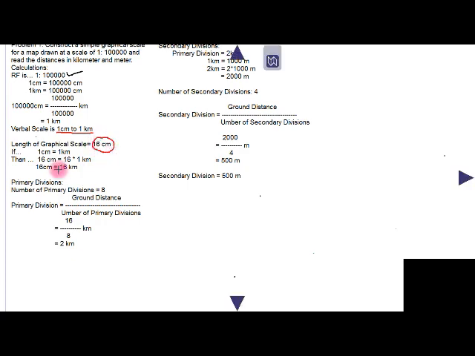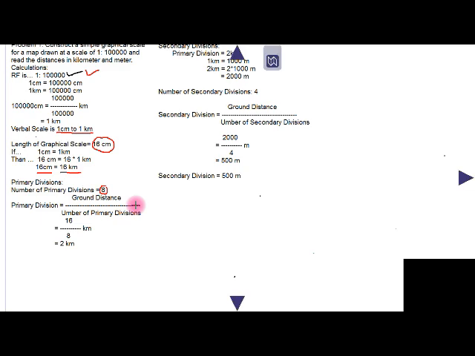Later on we decided that our graphical scale would be 16 centimeter. If 1 centimeter is equal to 1 kilometer as per the given RF, then the 16 centimeter map distance, as per the decided length of graphical scale, is 16 kilometer distance on the ground. So that relationship we have established.